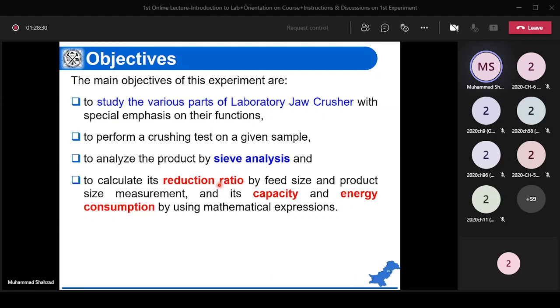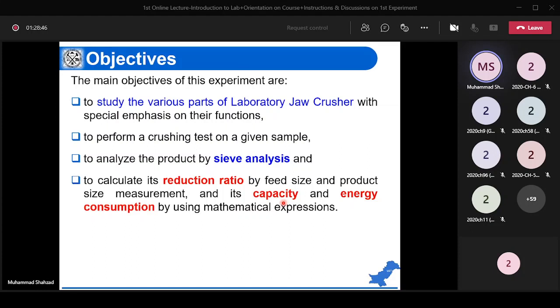But it will take more time. And if the particles are taking more time, the capacity will be reduced. The machine is not treating more material in unit time.